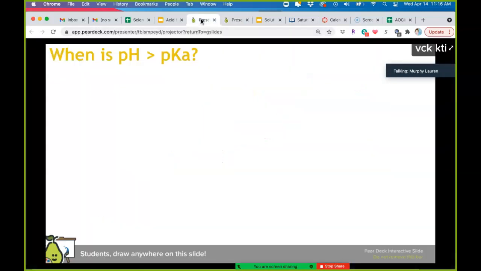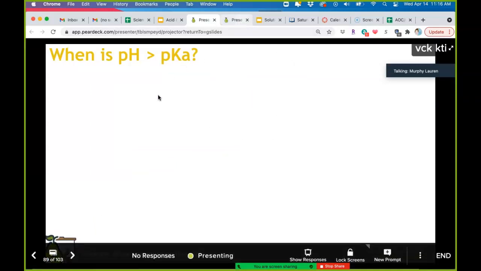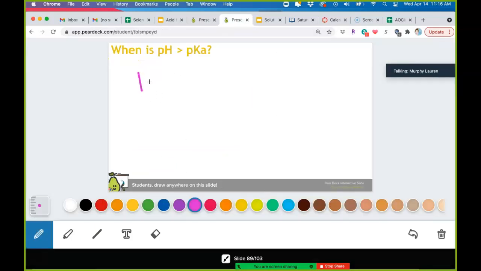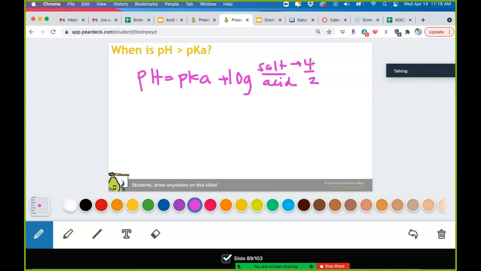Which of course is going to mean the opposite of this is true. So Henderson-Hasselbalch again. So we have the salt on top, and we have the acid, in this case, on the bottom. And now I'm going to make my salt more concentrated. I'm going to put this number in for it. And I make my acid less concentrated. I'm just throwing in fake numbers, okay? Well, this is a number greater than 1. So we know that the log of 1 is 0, and less than 1 gives us a negative value.